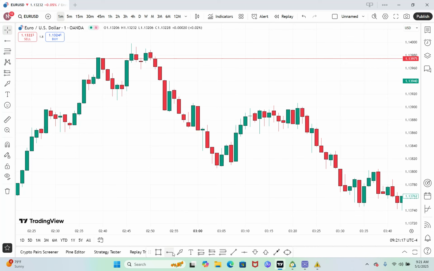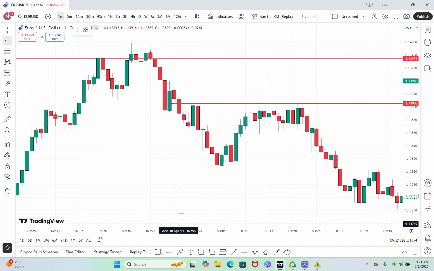So let's see if, when the market comes back into this area, we have sellers lurking around in this area. Let's see.